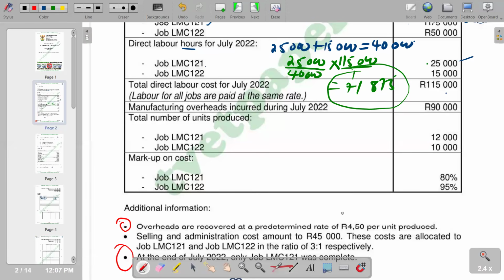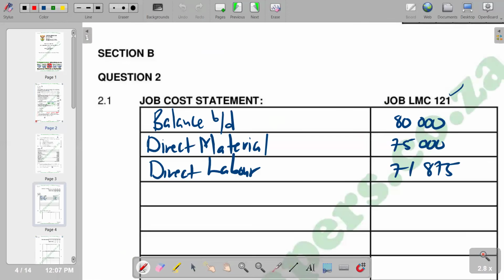So the per unit amount is 450, and the number of units for job LMC 121 is 12,000. To get the total applied overheads, you say 12,000 times 450, and the answer is 54,000. So 54,000 becomes the applied overheads, and we indicate it as such.